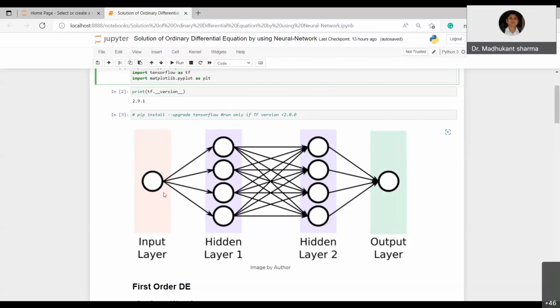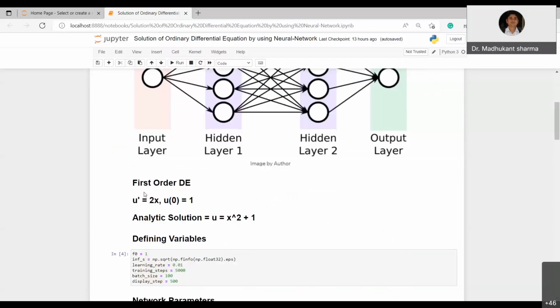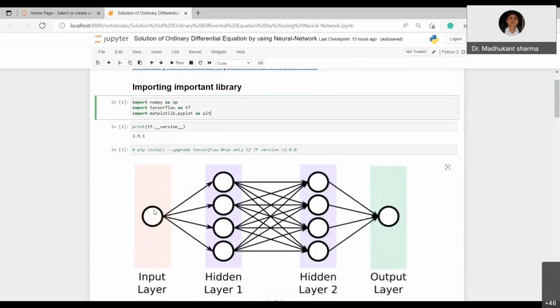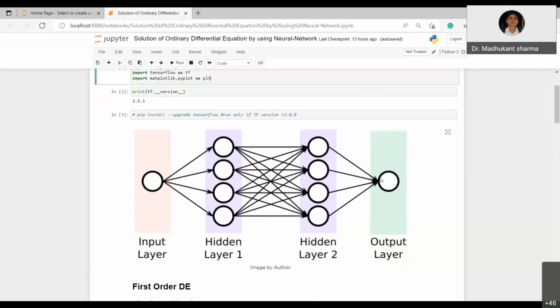In the input layer, x is one real number, so I have taken just one node. In hidden layer 1 I have taken 32 neurons, node 1, node 2, node 3, and so on up to node 32. In hidden layer 2 I have also taken 32 neurons, and in the output layer just one neuron. We can call these nodes or neurons.